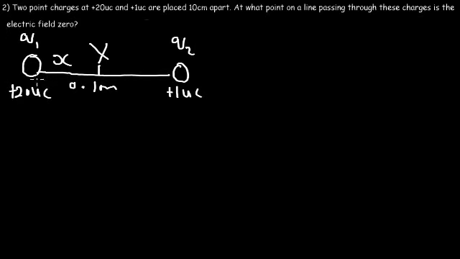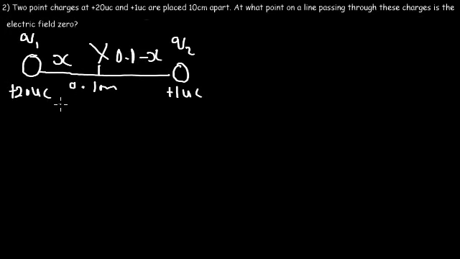And since the distance between Q1 and Q2 is 0.1, and the distance between Q1 and uppercase X is x, then the distance between Q2 and uppercase X will become 0.1 minus x.